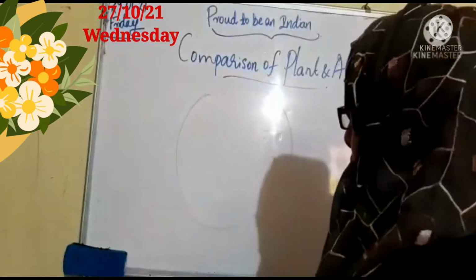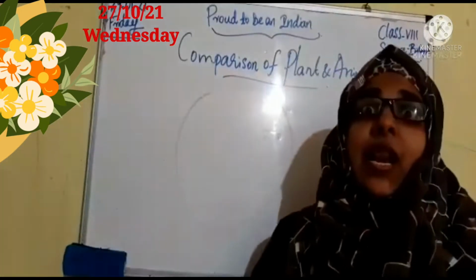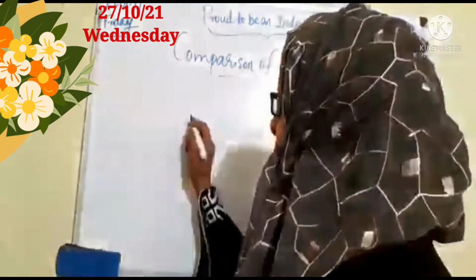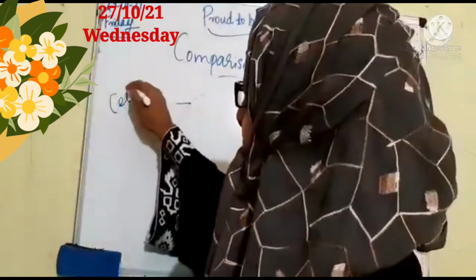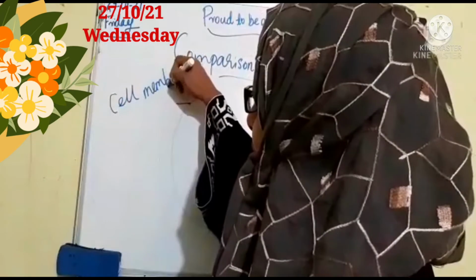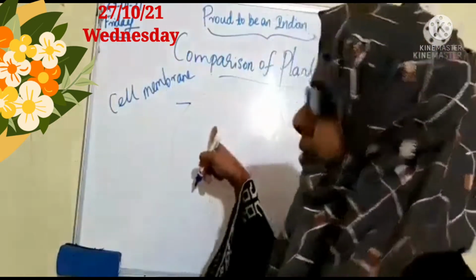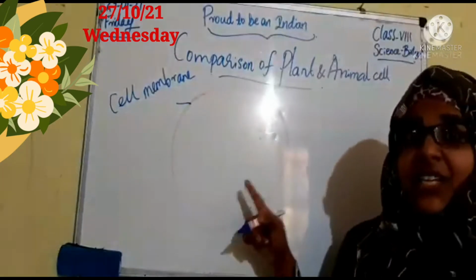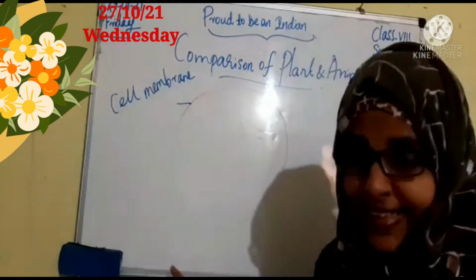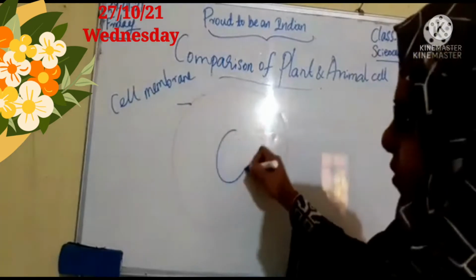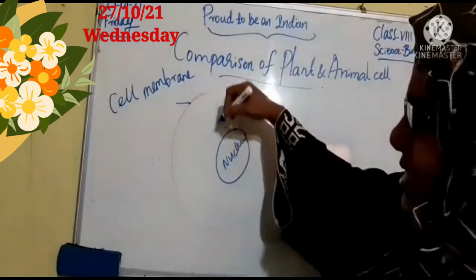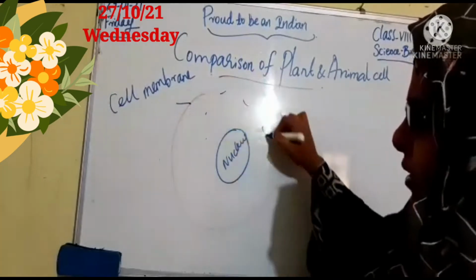That is the outer cover of the cell. We call it the cell membrane or plasma membrane, right? So the outer protection of the cell we call the cell membrane or what, children? Plasma membrane, right? And inside of the cell we can see cytoplasm and nucleus. Okay, in between the nucleus and cell membrane, what is present, children?